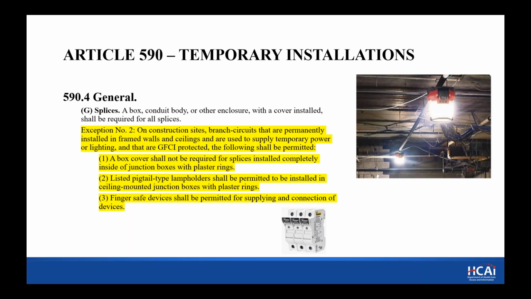Listed pigtail type lamp holders shall be permitted. Installed in ceiling mounted junction boxes with plaster rings, again without the cover, and finger safe devices shall be permitted. So this kind of relaxes the requirements and states that temporary power is different than permanent power, and not all the codes apply equally to temporary installations.